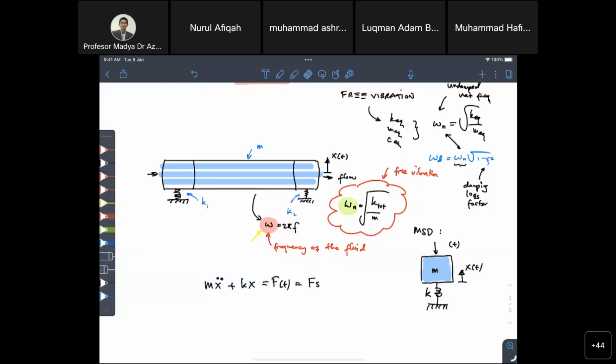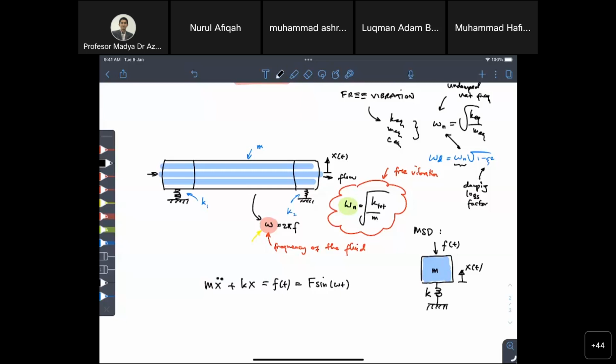So let's make it this one, small f. Let's assume the force to be sinusoidal. Okay, which in piping is not sinusoidal, it should be random, but in order for you to imagine what happened.